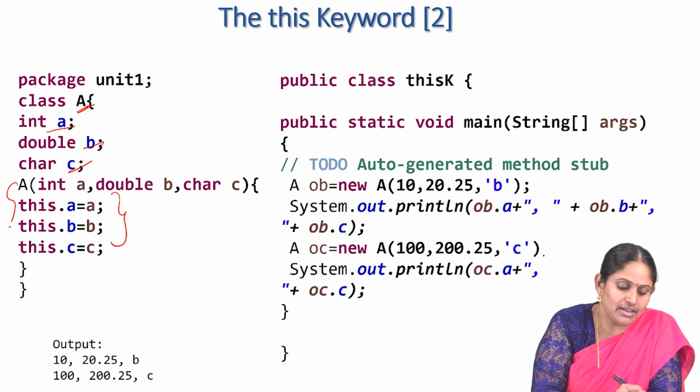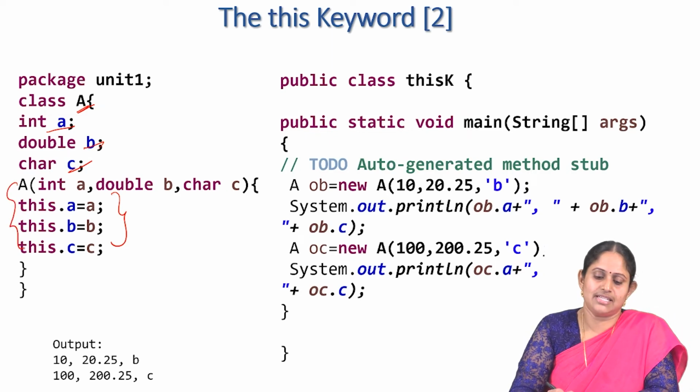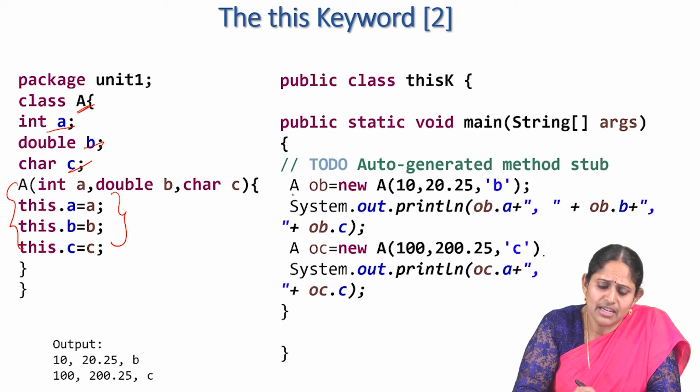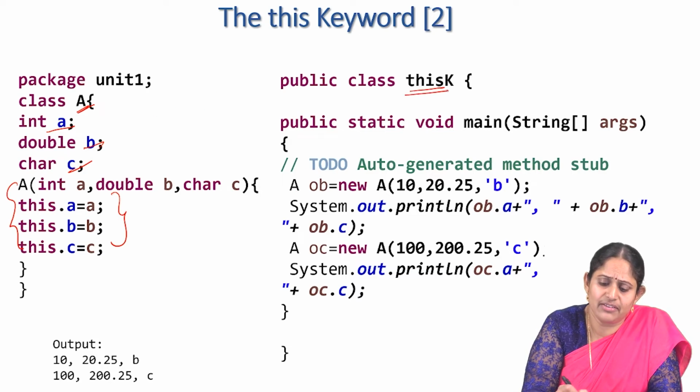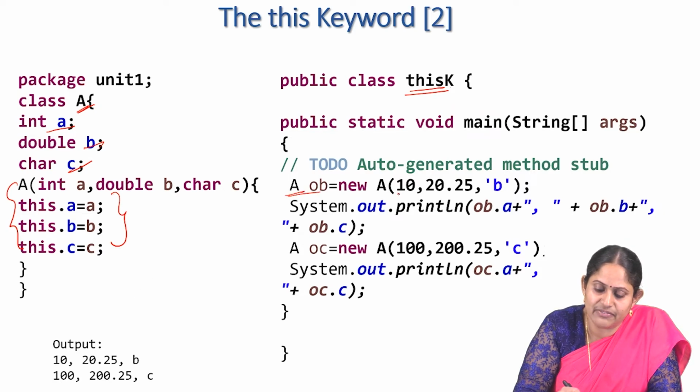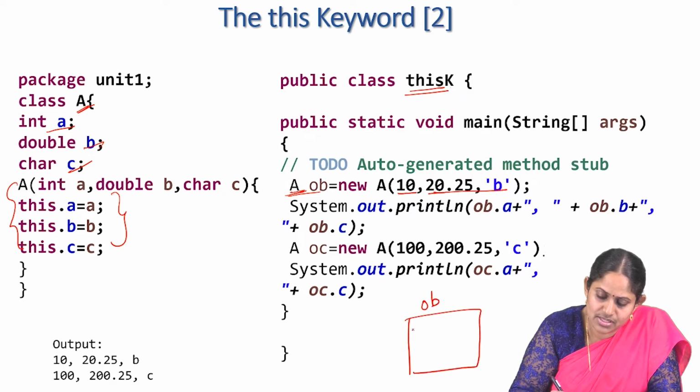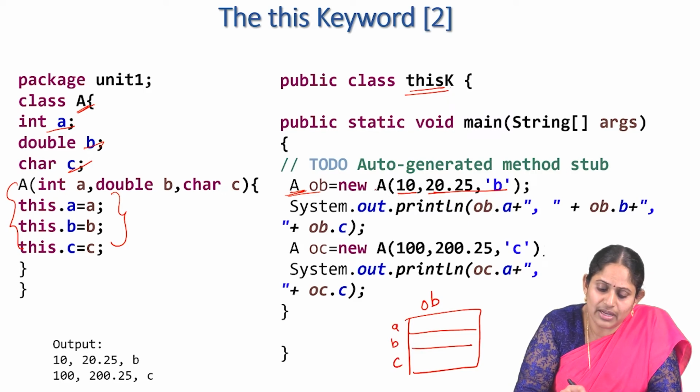So we have defined a constructor for that class A. Outside that class we have another class, which is creating an object of class A and setting the values 10, 20.25 and B to A, B and C. So when you create the object OB, the constructor will be invoked.